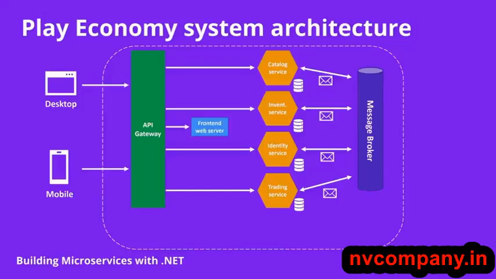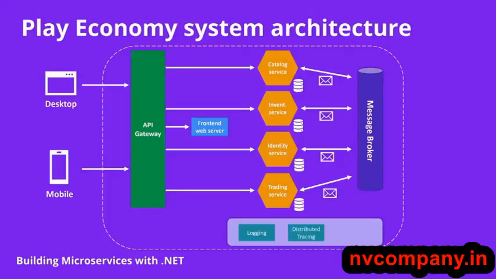There is also a front-end portal that enables the administration of the items catalog, the players, and their inventory, and it also includes a store section where players can purchase items. Finally, there are a few infrastructure components like logging, distributed tracing, and monitoring that all microservices can interact with and that can greatly help to troubleshoot issues and make sure the whole system remains healthy.